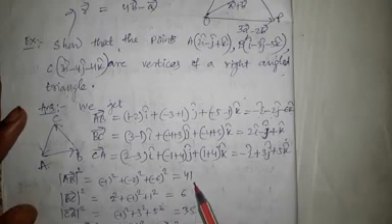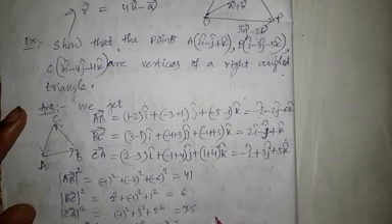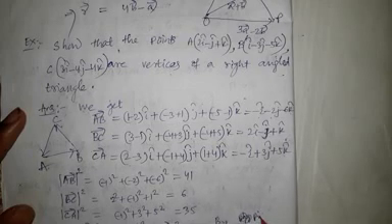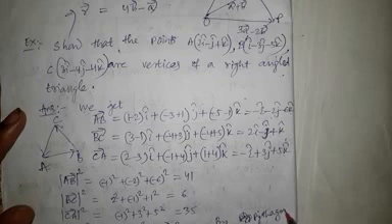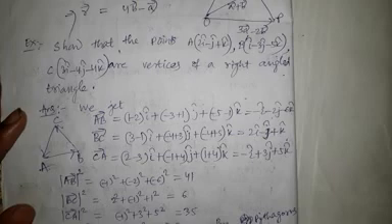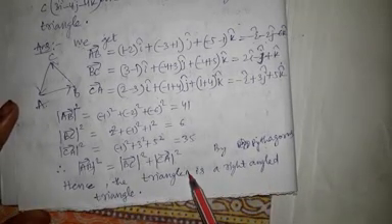Here AB squared is equal to BC squared plus CA squared, by the Pythagoras theorem. We get that the triangle is a right angle triangle. So triangle ABC is a right angle triangle.